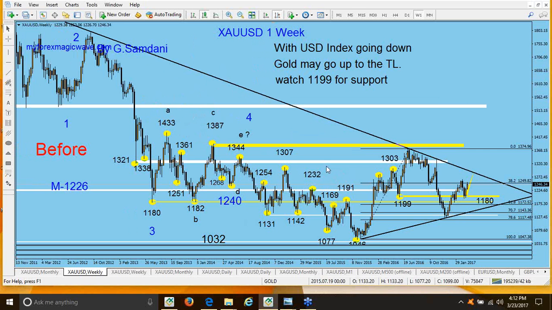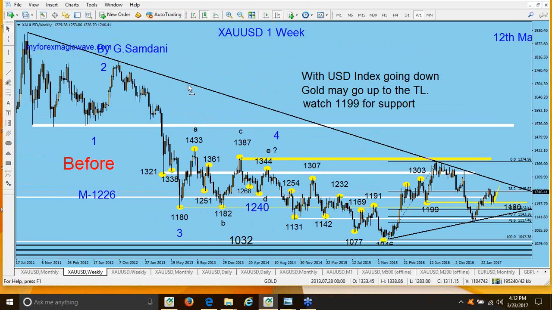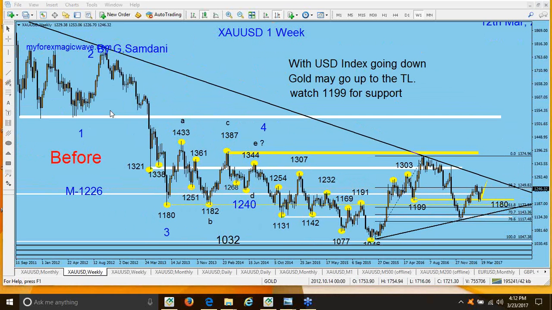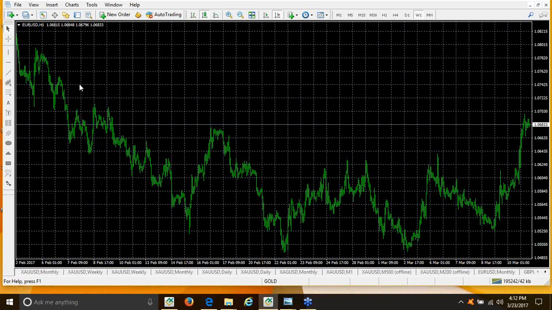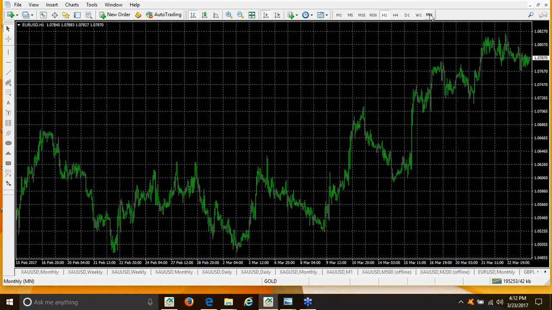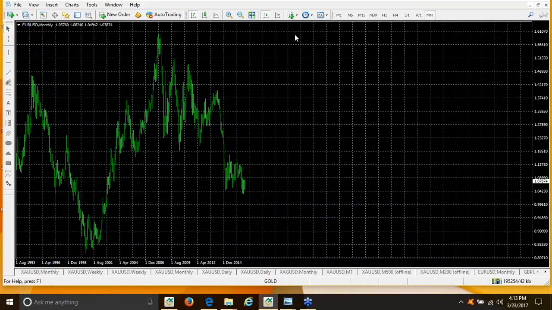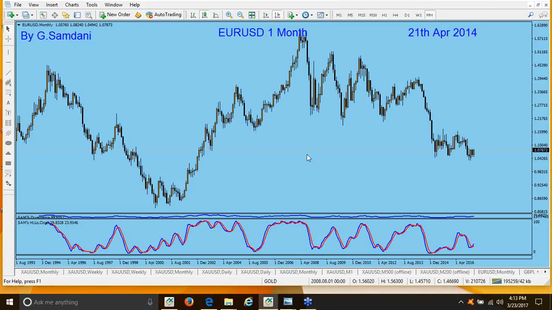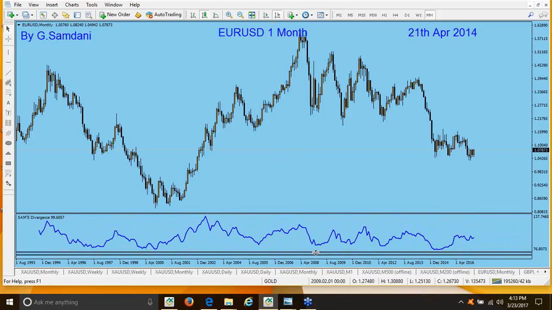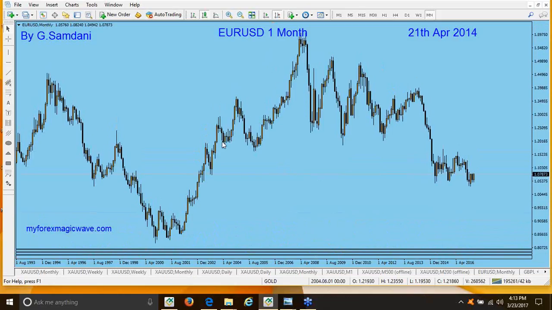And for that, we have different tools, okay? The number one, the easiest tool is this: you open a chart, for example a Forex major, let's say Euro USD, and then you open a monthly chart, which is the biggest time frame we have, and you have your own templates. I have the plain template, which gives me just a plain chart, right? So this plain chart opens up in front of your eyes, and what you see is highs and lows and highs and lows.